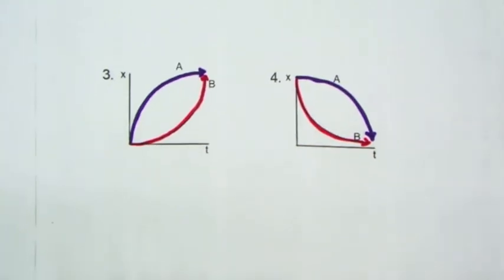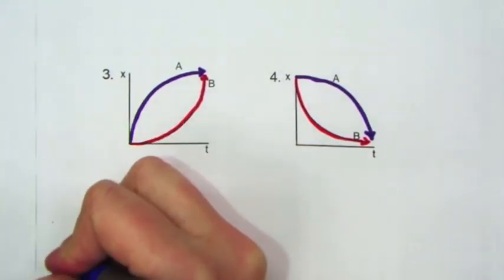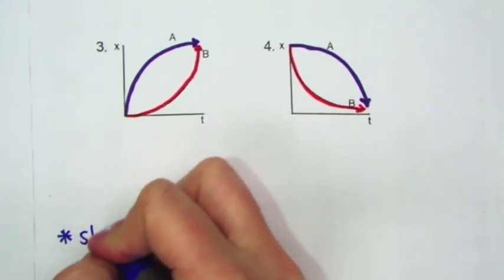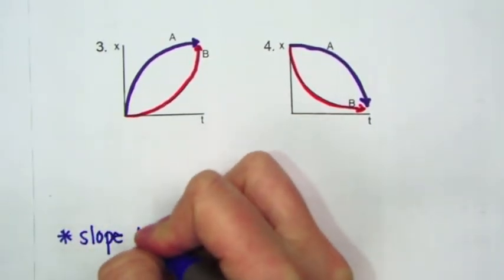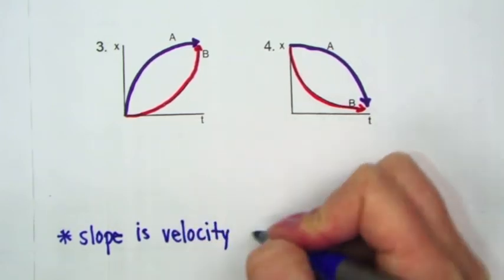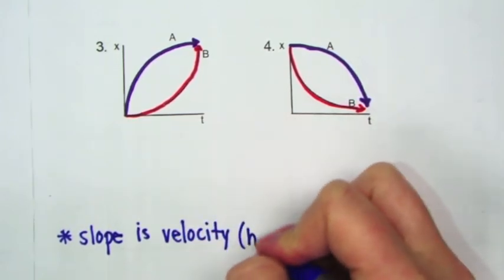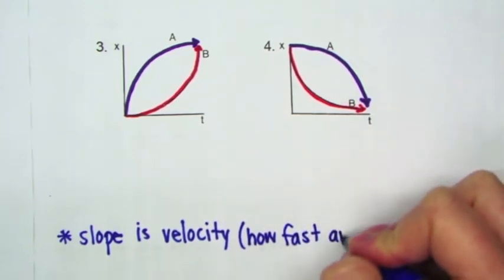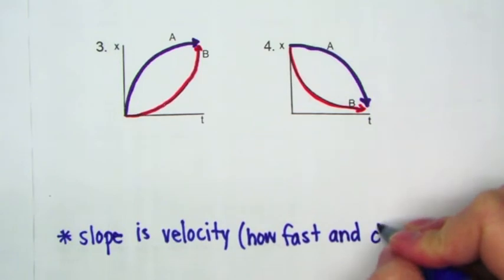the slope represents. For all of these graphs, the slope is the velocity, meaning how fast the object is traveling and the direction of motion.